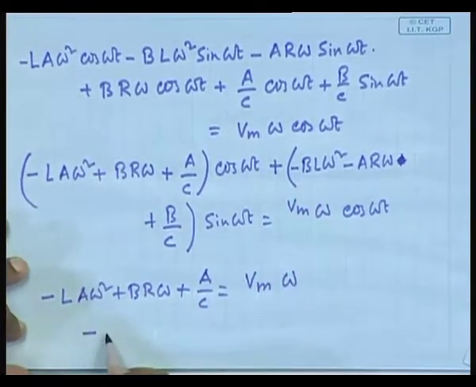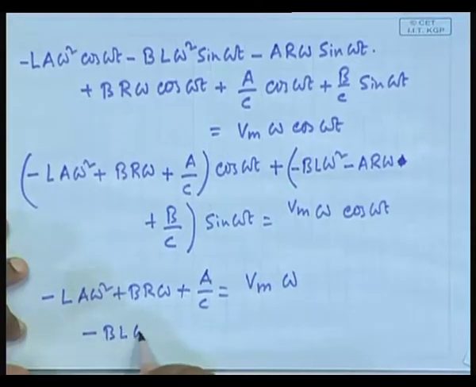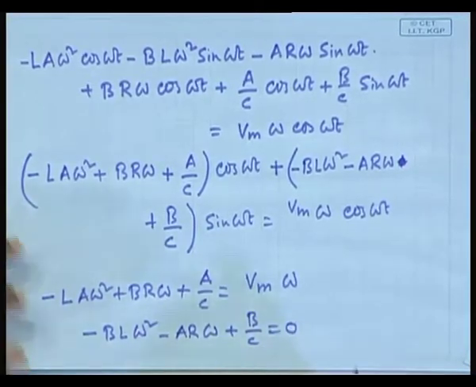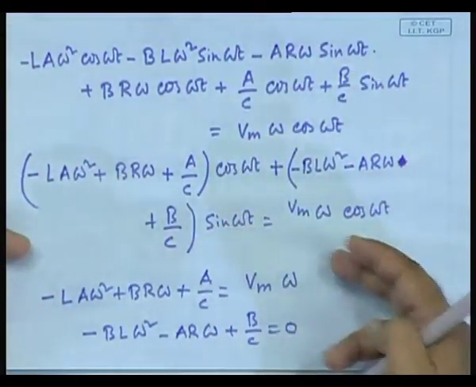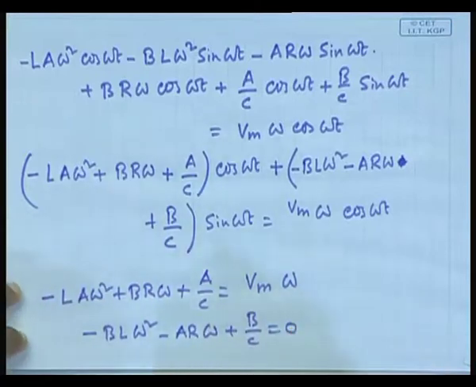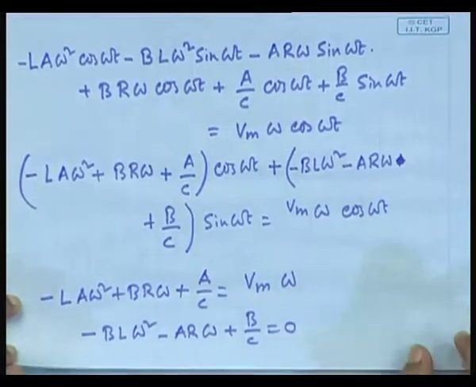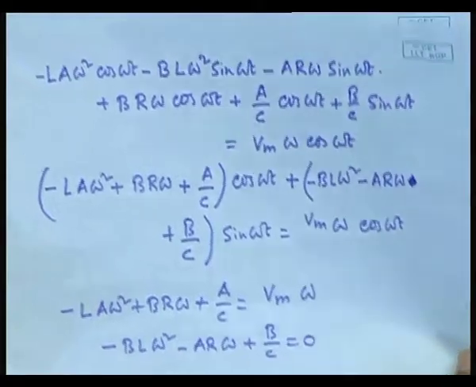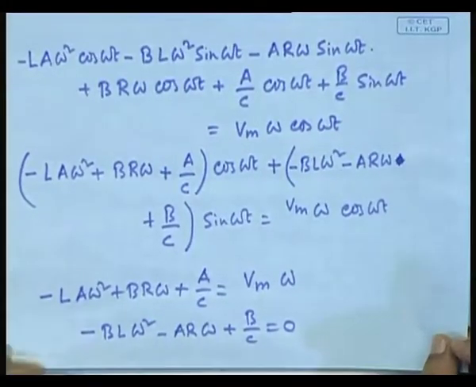The other is minus B L omega square minus A R omega plus B by C is equal to 0. From here you will obtain. See, though the algebra looks a bit involved, ultimately the things are conceptually rather simple. So, you have to obtain A and B from there. Just do a bit of practice, because if I ask you in the exams, otherwise you will get messed up.